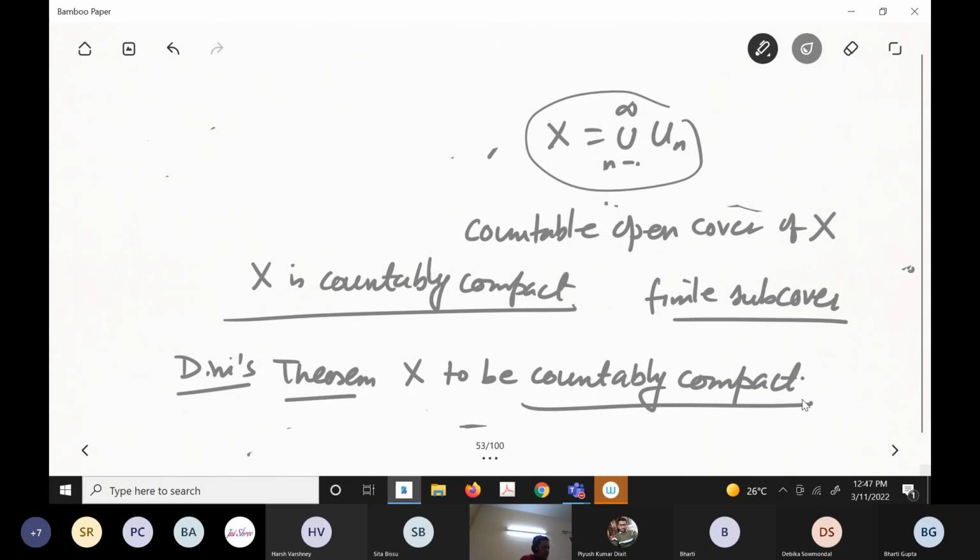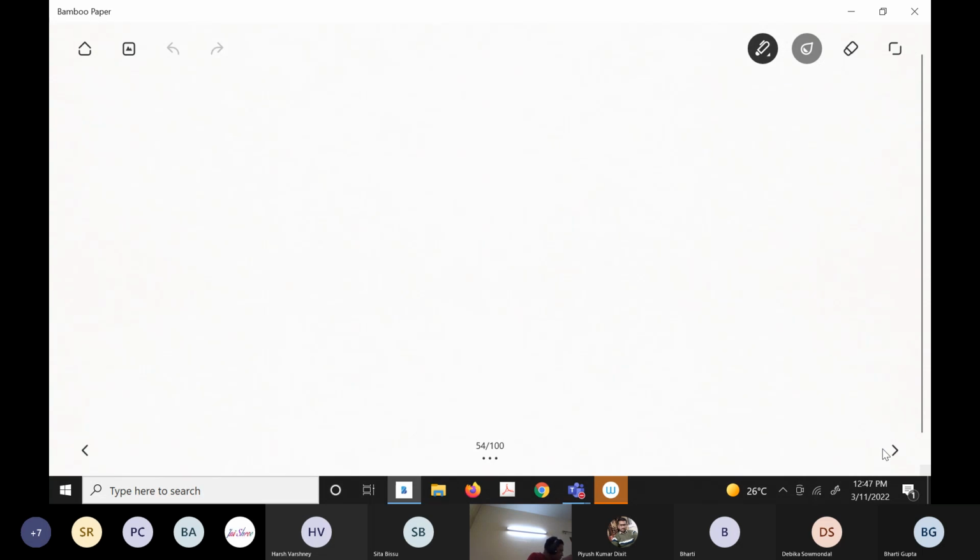You don't need it to be compact; it's a weaker condition. In fact, it can still be weakened. So Dini's theorem holds for countably compact.